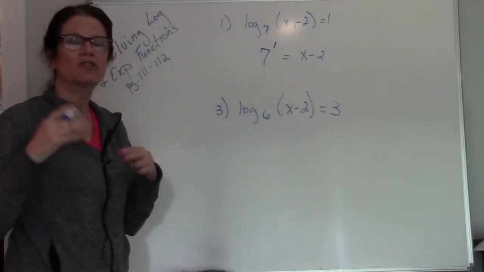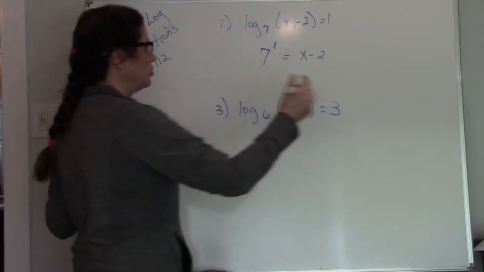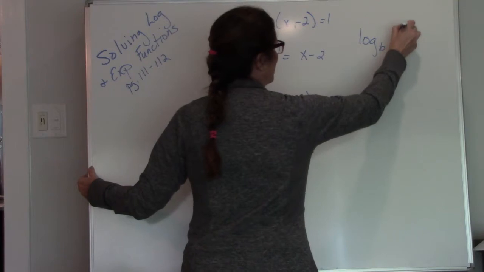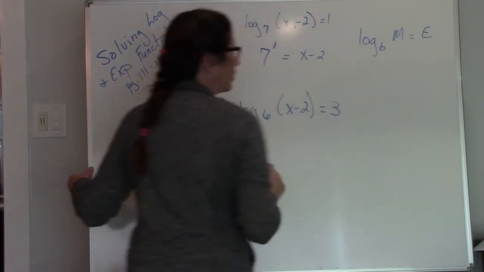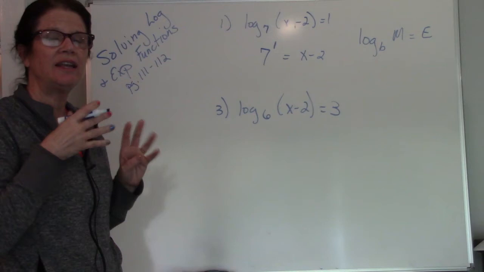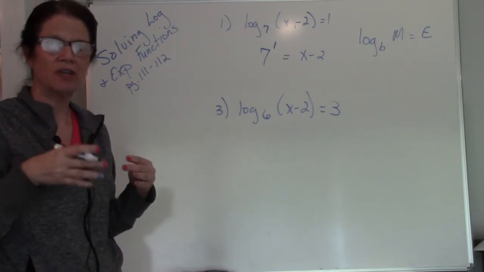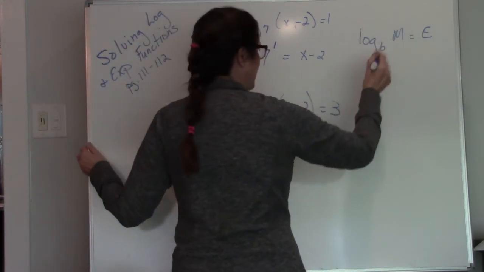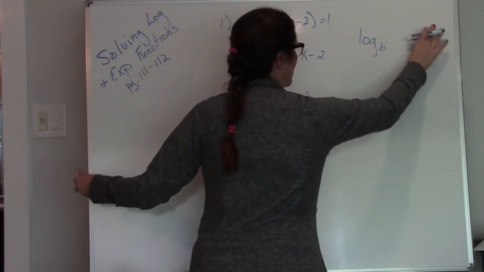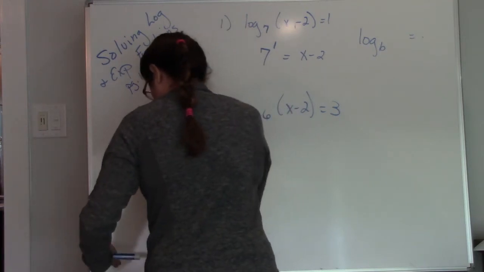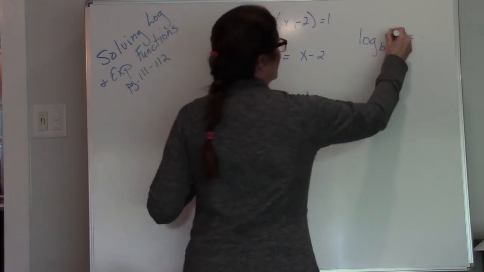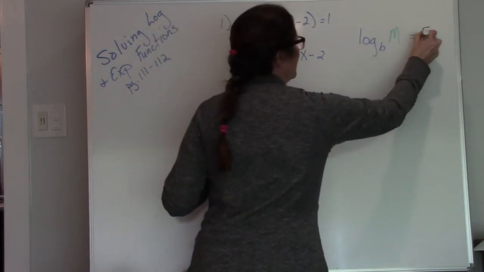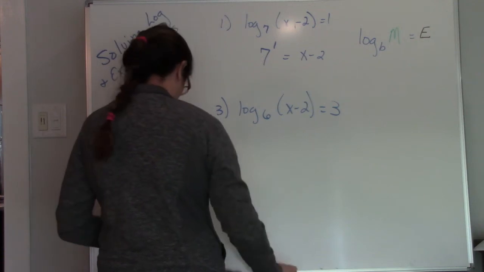If you are struggling with how to rearrange it, let me show you the setup. If I had log base b of m equals E, and this is a capital E, so it's not e as in the natural number, I'm using E as an exponent. Rearranging this: b to the E equals m.